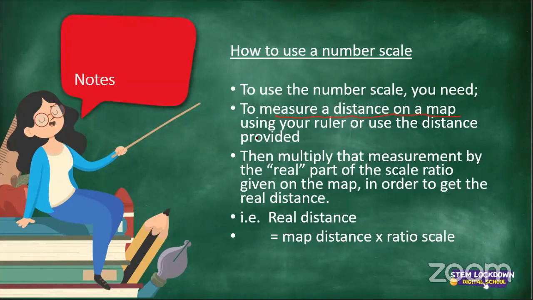Now, when you measure, let's say your map is a map of South Africa, and let's say you stay in Joburg, so Johannesburg, and you're visiting your cousin for holidays in Durban. So when you measure, right, you must not measure from the names, but you must measure from the dots.